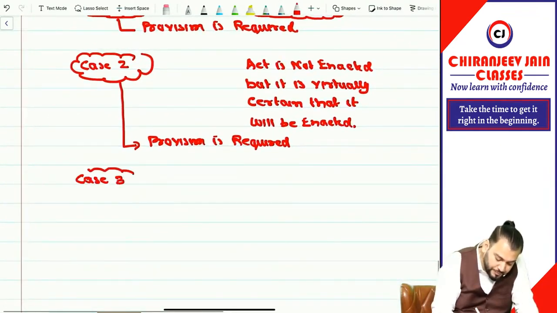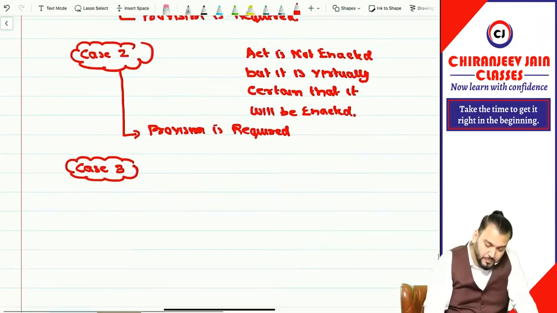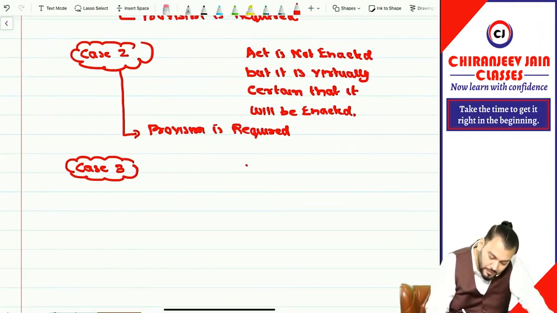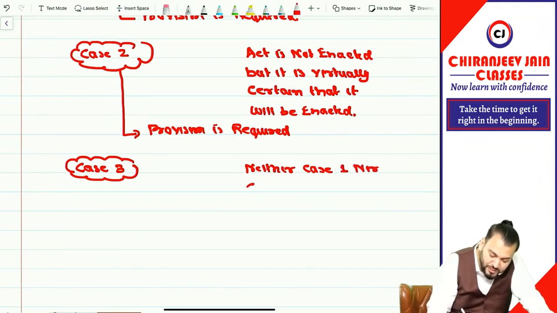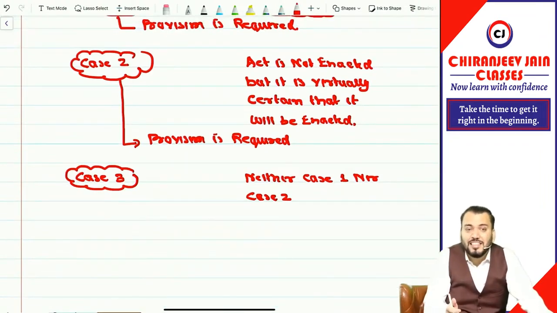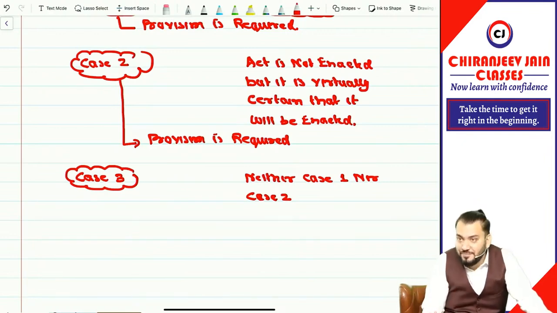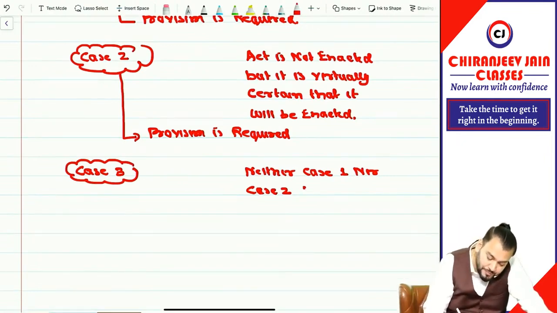Case number 3. Neither case 1 nor case 2. Have you understood? Means neither act is enacted, nor it is virtually certain that it will be enacted. Correct? But there is constructive obligation.